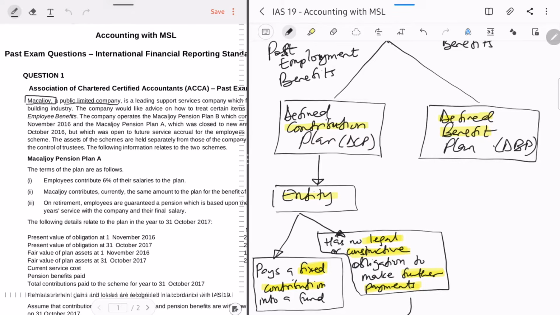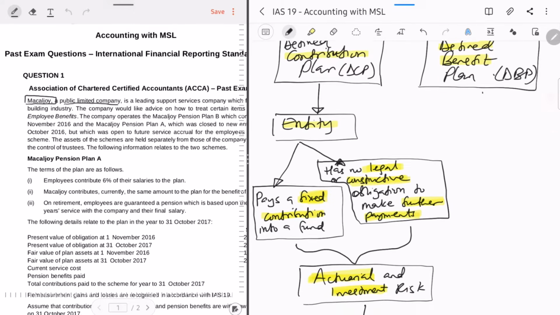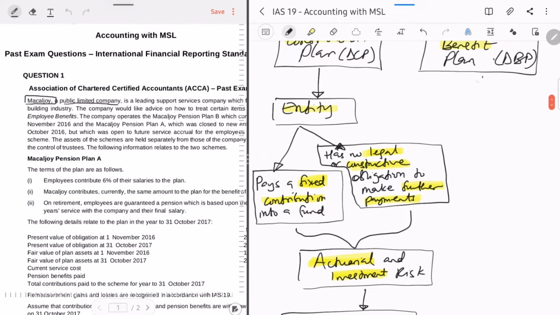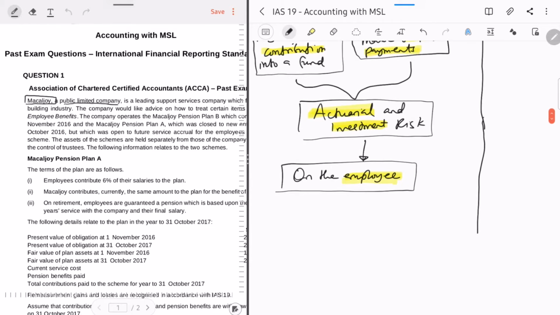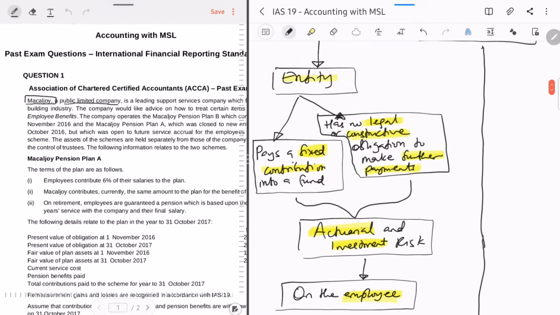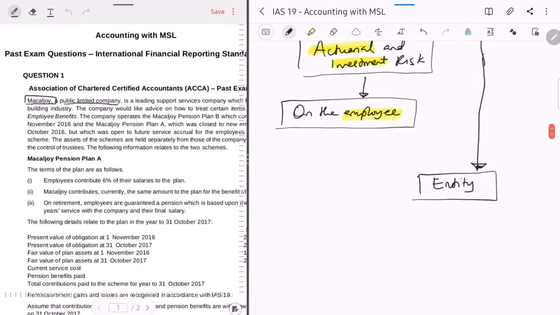Here you can see, as the name implies, the benefit is defined. So what happens here? To make life easy, let me bring my arrow down here. I'm not the best of artists, so let's understand. Here the entity, remember we said the entity has two things, so let's do a similar thing for this case.